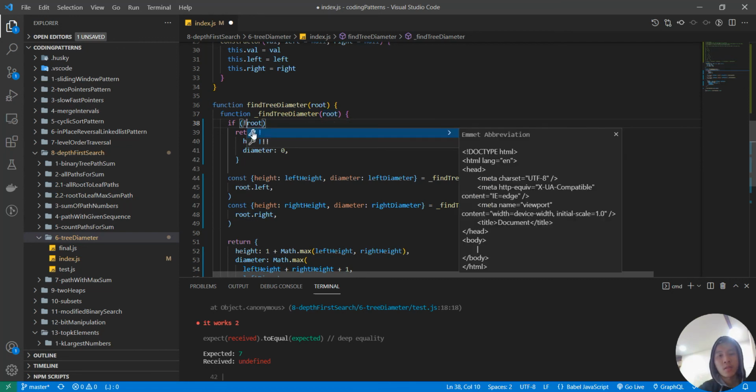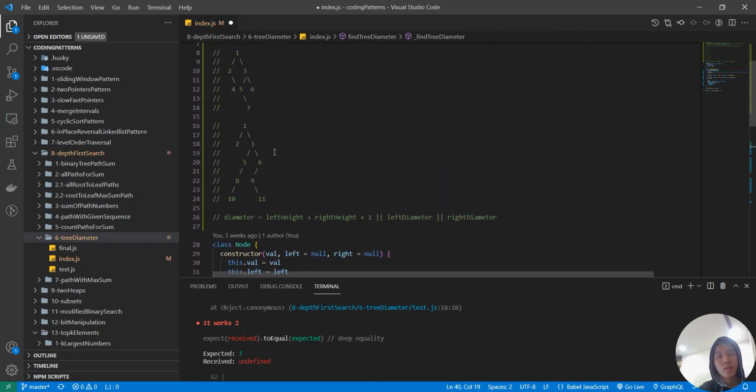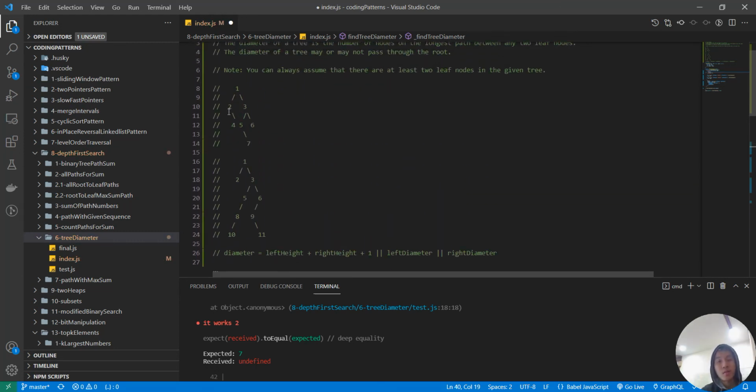So when we don't have left and we don't have right, then the height of this will be 1, and the diameter will be probably 0.